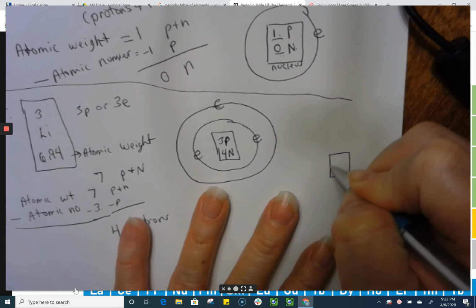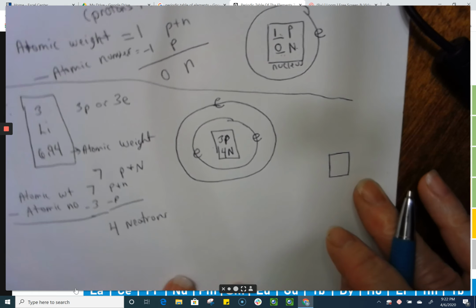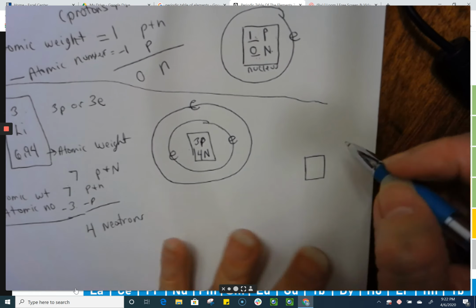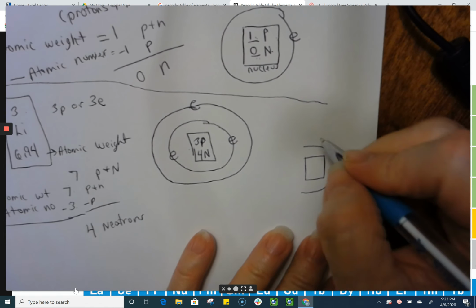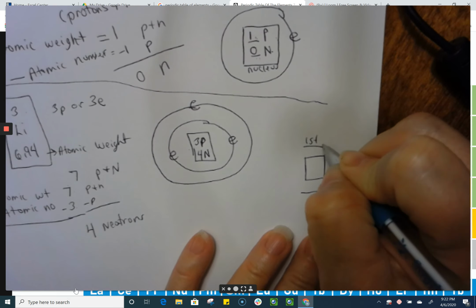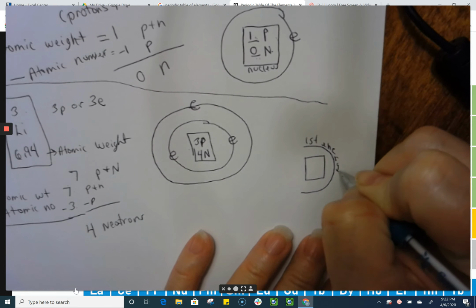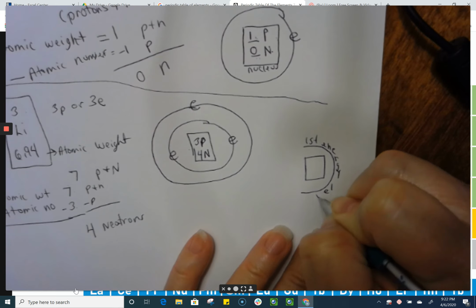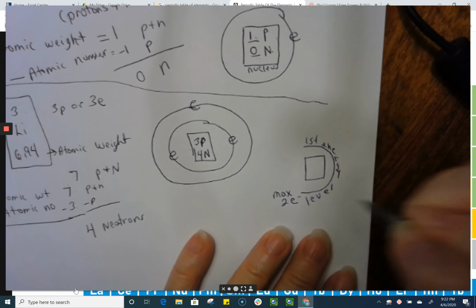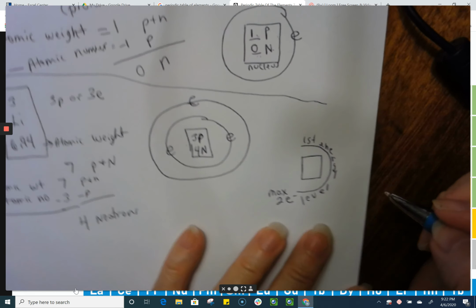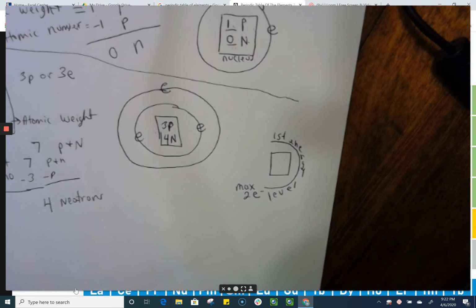For practical purposes, what you need to know is that we won't get past the third energy level in this discussion. I'm just going to draw a half shell so I've got some room to write. This is the first energy level closest to the nucleus, and it will hold a maximum of 2 electrons, because like charges repel each other.